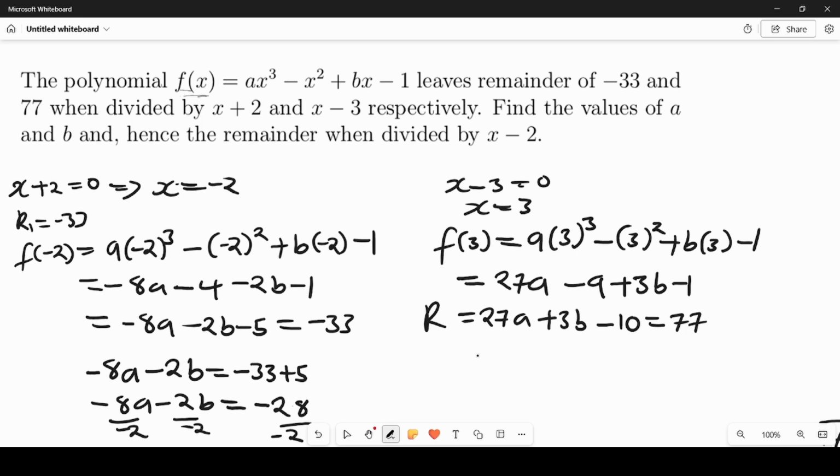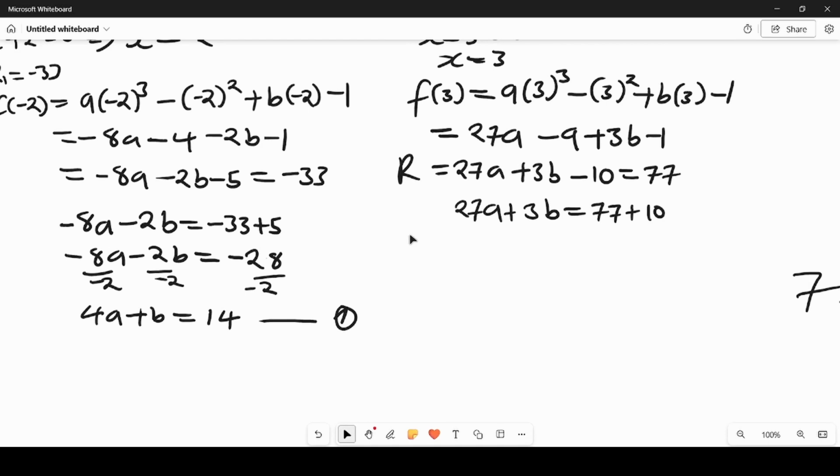So let's simplify this. Collecting like terms, we should have 77 plus 10, so we end up with 27a plus 3b equal to 87. Is there something that we can do to simplify here?